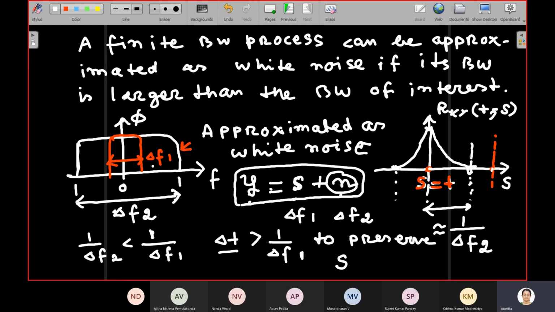If you do not understand, ask me. Do you understand why N is approximated as white noise? Yes or no? If you do not respond, what should I interpret? You do not understand anything at all?